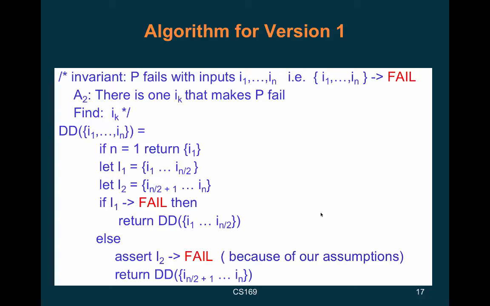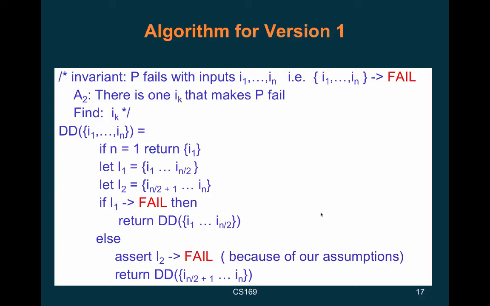It can't, but why? Because you're in the else case. Because I1 didn't fail, and we have monotonicity. Because of monotonicity, if the element were here, we would see the failure in I1. If you don't have monotonicity, it's not guaranteed.